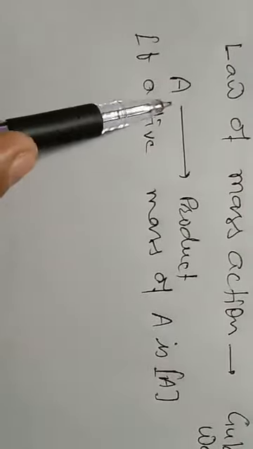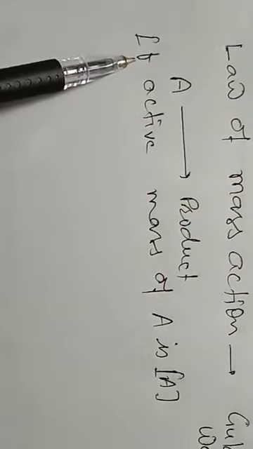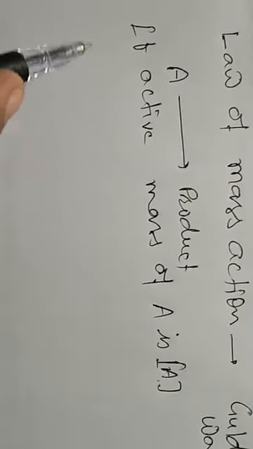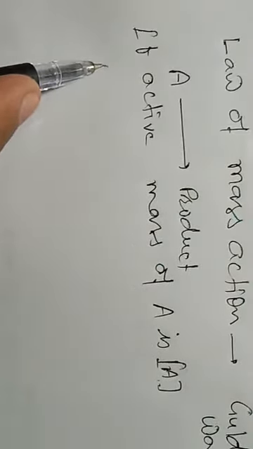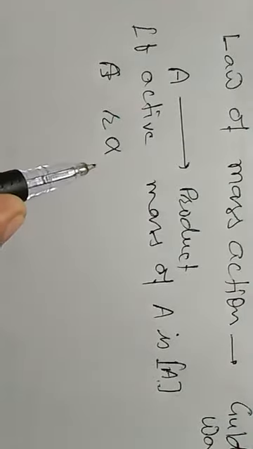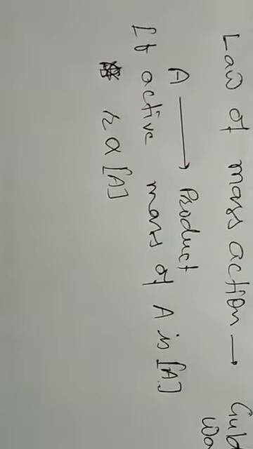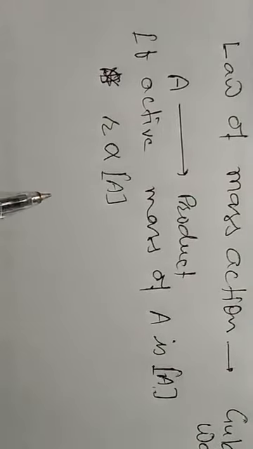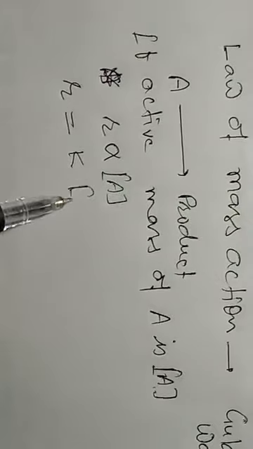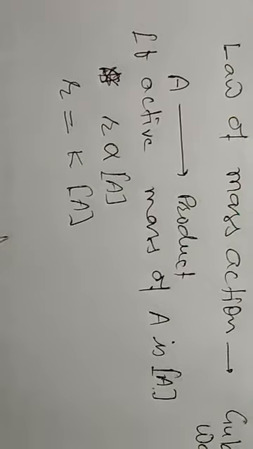Okay, so if A is forming product, it is a hypothetical reaction, and in this reaction the active mass of A is this. So according to Goldberg and Waage's law of mass action, the rate of reaction of A will be proportional to its active mass. Or we can say that R will be equal to K[A], where K is the velocity constant for the reaction.